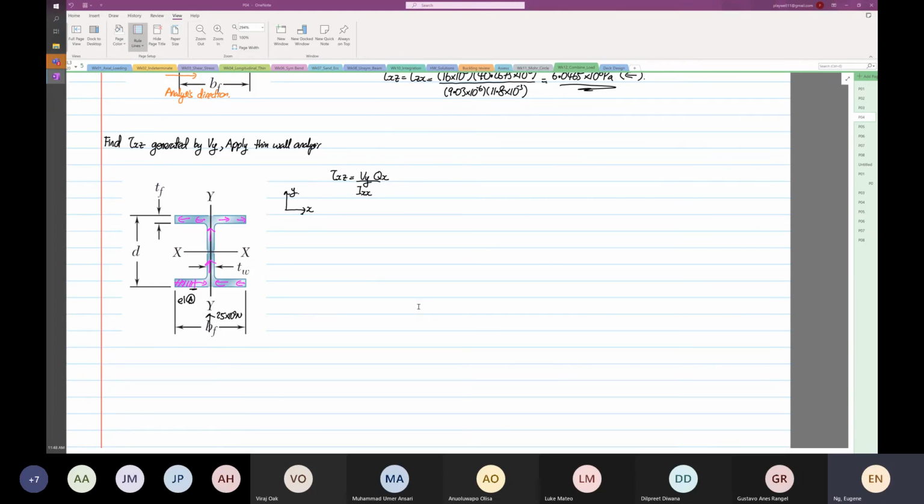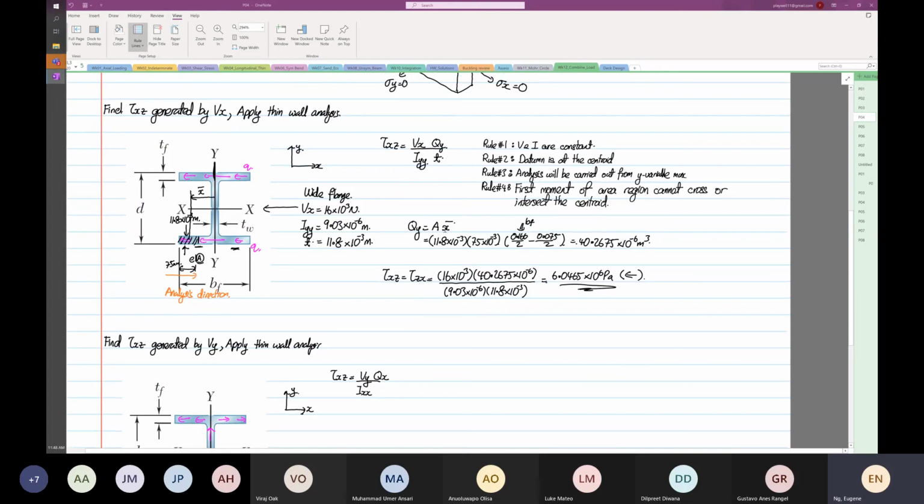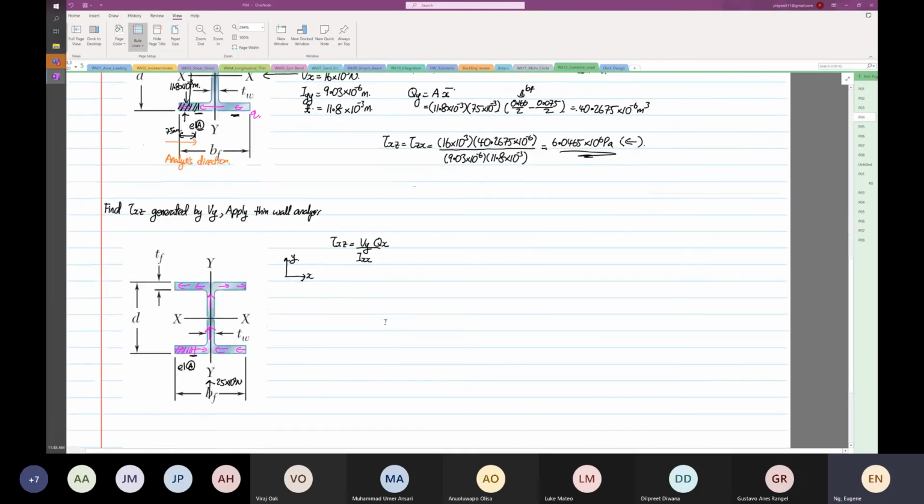Sorry, I forgot to move my pen. So this one, x bar, when we take x bar, is the first moment of area about the y-axis. So this one is Qx, the first moment of area about the x-axis.